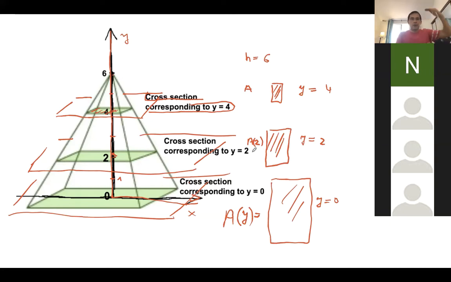If you stay very close to the top of this solid, then the area of the corresponding cross-section is small. On the other hand, when you stay close to the base of this solid, then the area of the corresponding cross-section is big. So the area A is a function of y. And this is going to be something that we'll need to compute volume.